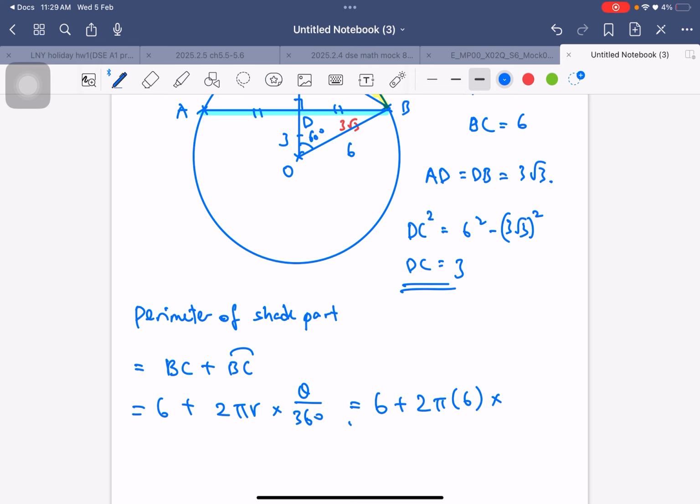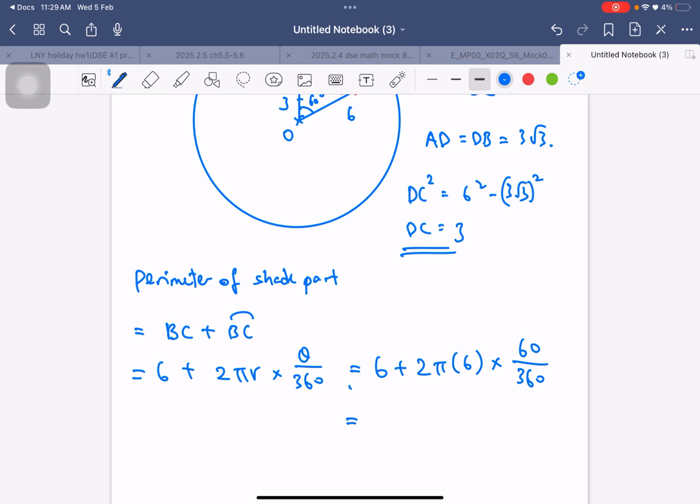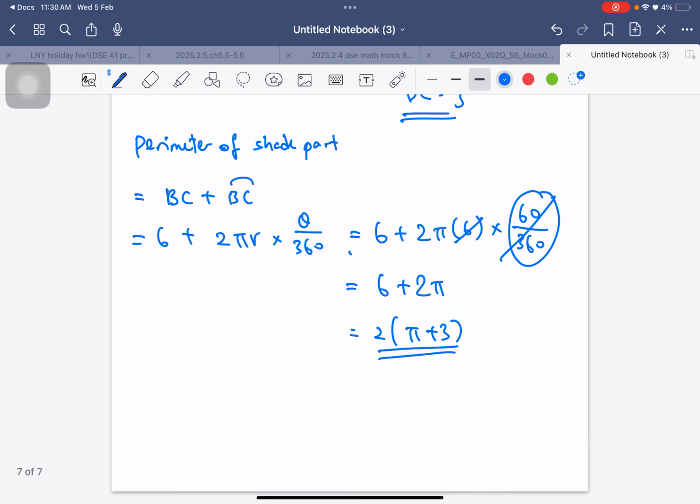So 60 over 360 gives you 6 plus, this is 1 over 6, and the 6 is going to cancel out. So you have 2 pi. Then you take out the 2 as the common factor. So the answer should be B.